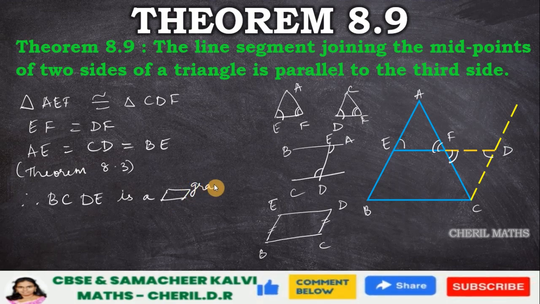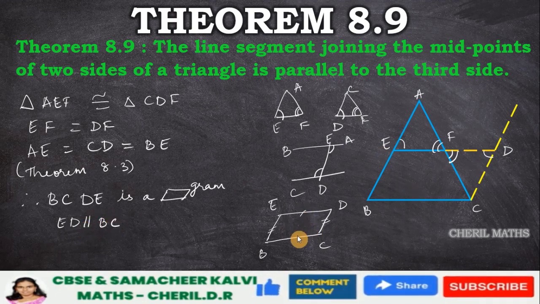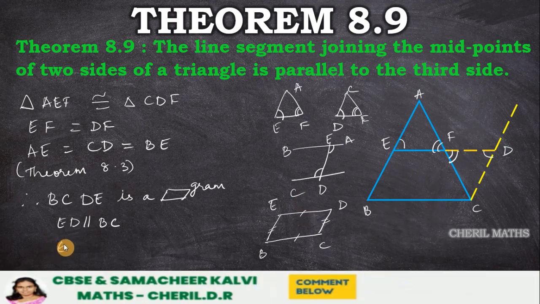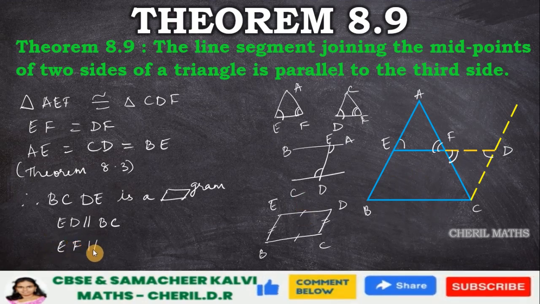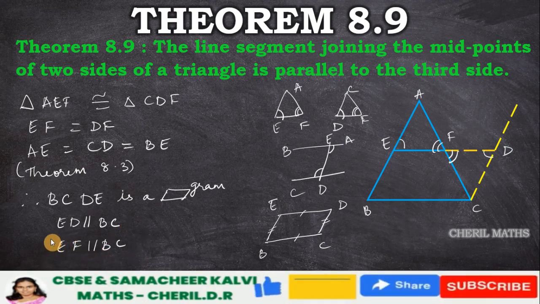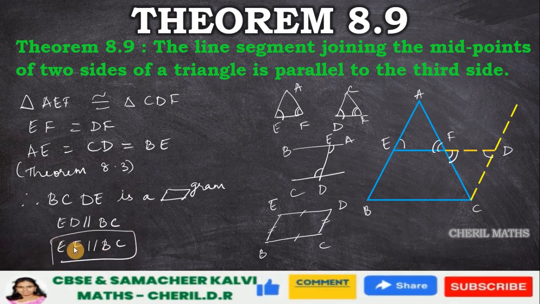If BCDE is a parallelogram, then we can immediately say that ED will be parallel to BC. If ED is parallel to BC, then we can also say that EF is parallel to BC, isn't it? So this is what we need to prove, isn't it, children? We need to prove that BC is parallel to EF.